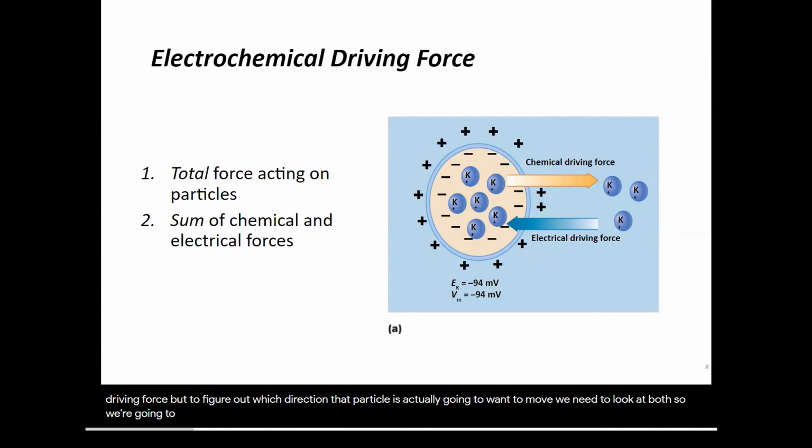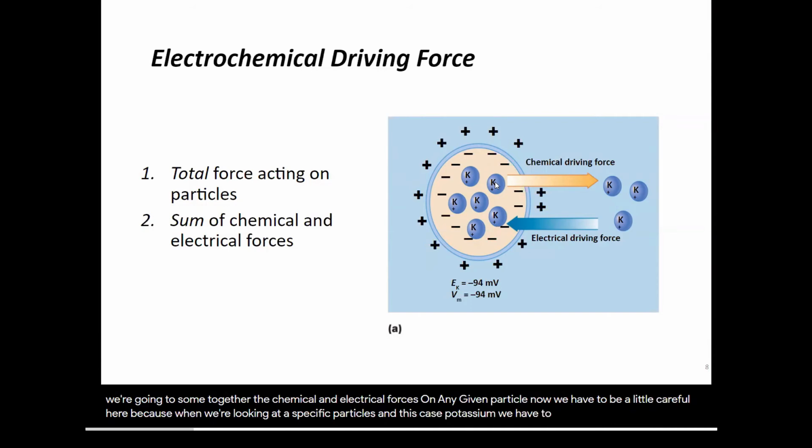So we're going to sum together the chemical and electrical forces on any given particle. We have to be a little careful here, because when we're looking at a specific particle, in this case potassium, we have to make sure we know what factors influence the chemical driving force and the electrical driving force.